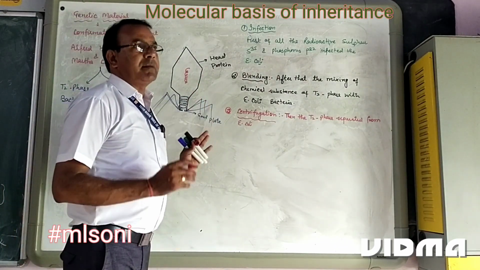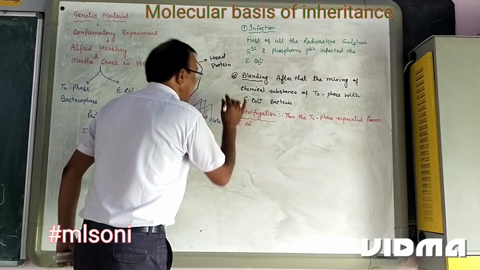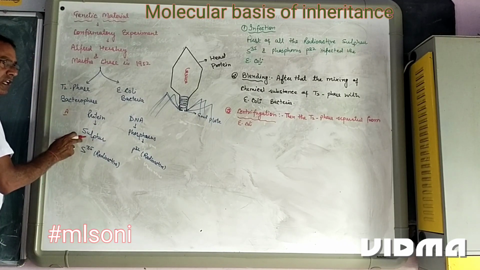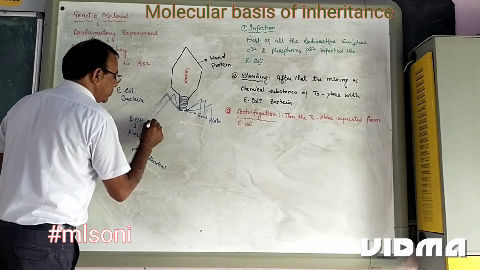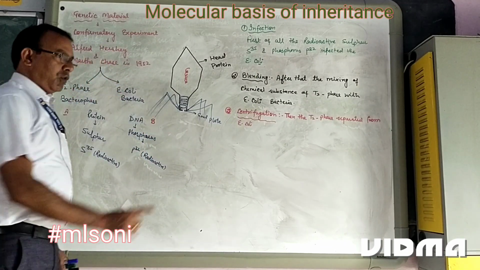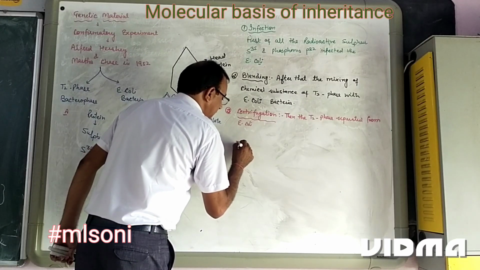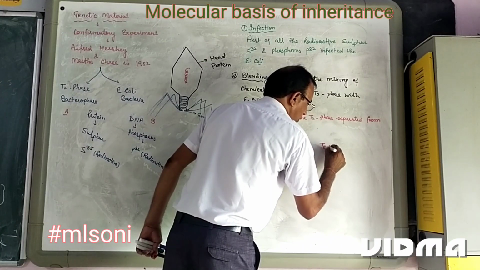Then they collected the substances: test tube A containing sulfur-labelled protein, and test tube B containing phosphorus. Let us see how the results were recorded.